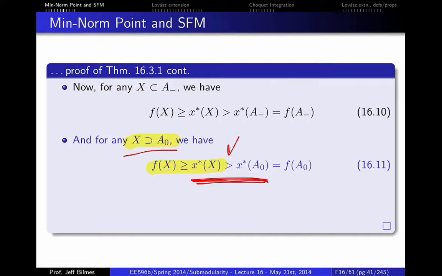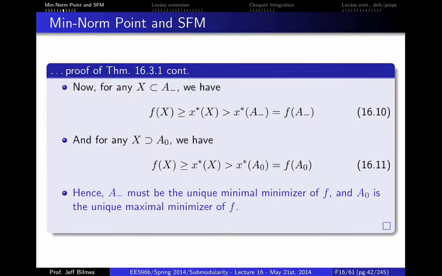And so we get this strict inequality here. But then what we proved a minute ago was just this equality. And so therefore we have f of x, for any such x, is strictly greater than f of A naught. And so this follows.